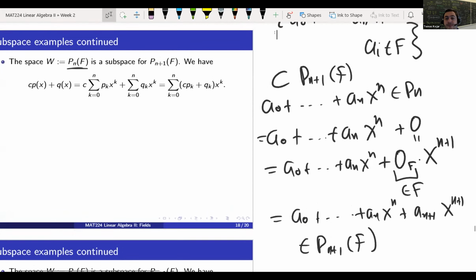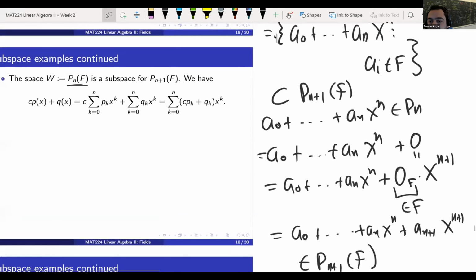So subset is a bit tricky, as somebody asked. You will have to show that this is indeed a subset. Now for subspace, you just have to show closure. So we take two polynomials, p and q in Pn(F), and we take c to be in the field.